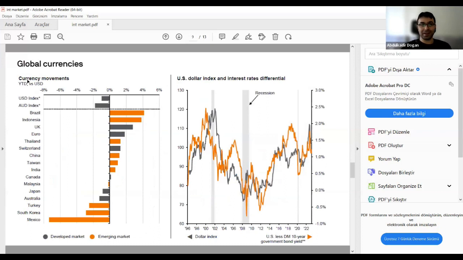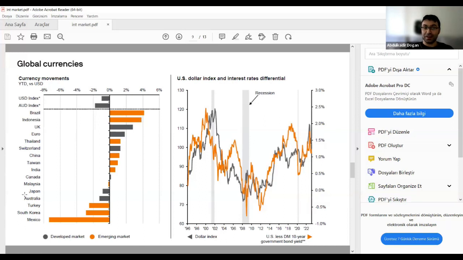And on the left-hand side, we have the global currencies. As you see, the global currencies' year-to-date return versus the United States dollar. For instance, the Brazilian real is appreciating. The Indonesian rupiah is appreciating as well.